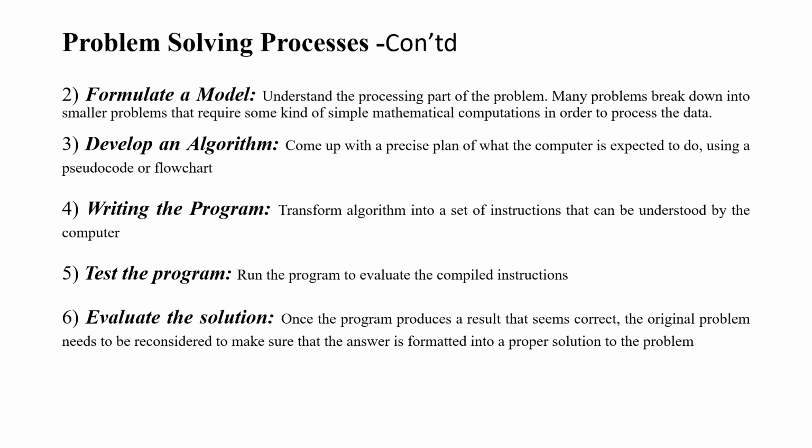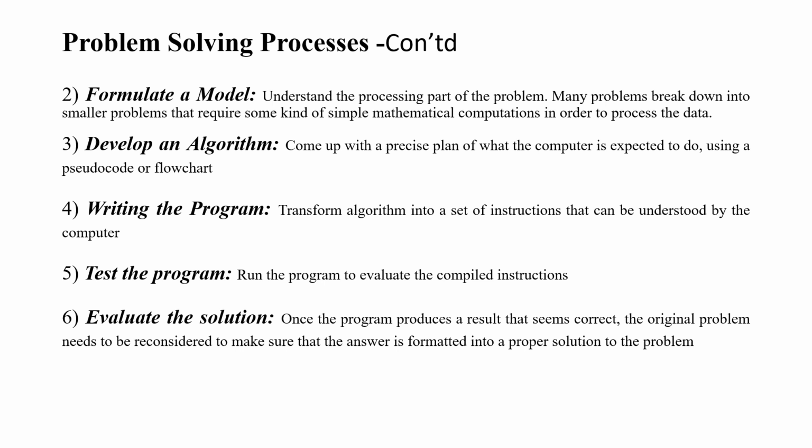Step number three, process. Develop an algorithm. Come up with a precise plan of what the computer is expected to do using pseudocode or flowcharts. These are the two types of algorithm that we have. You can either use the pseudocode.